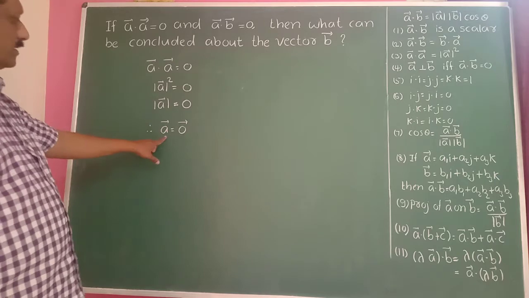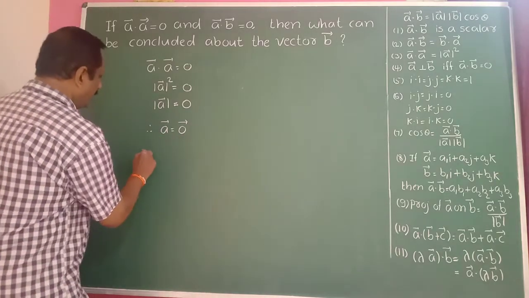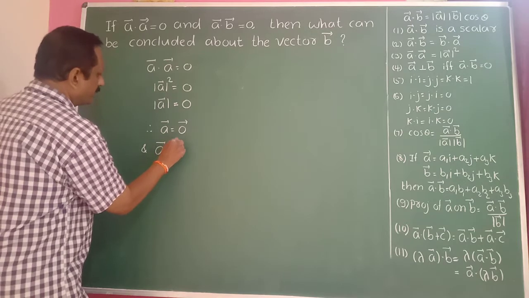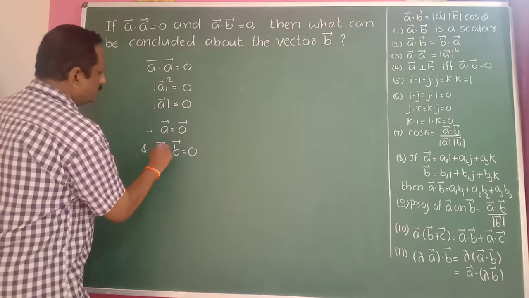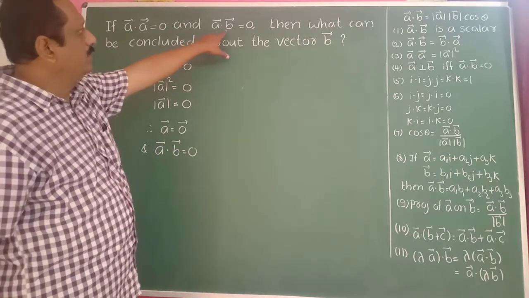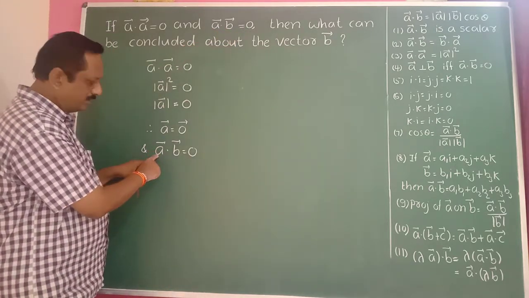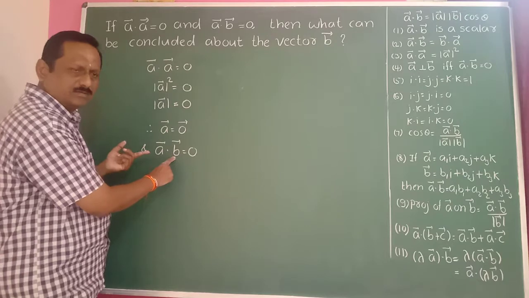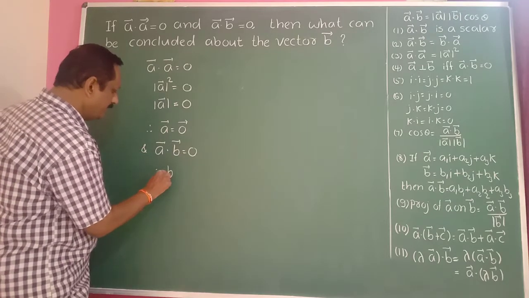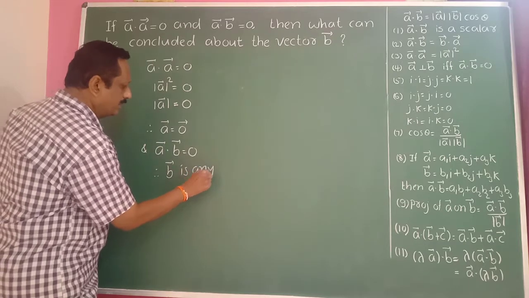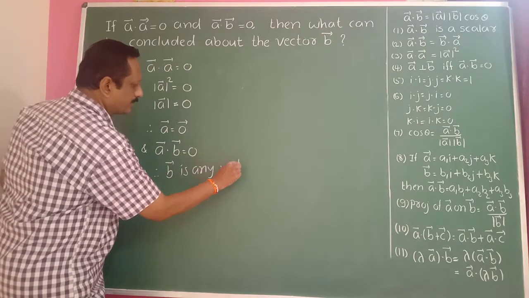If a bar is a null vector and a bar dot b bar is equal to 0, then b bar is any vector here.